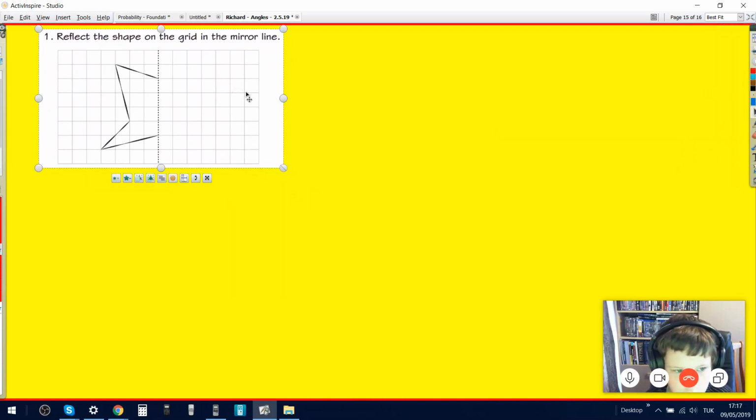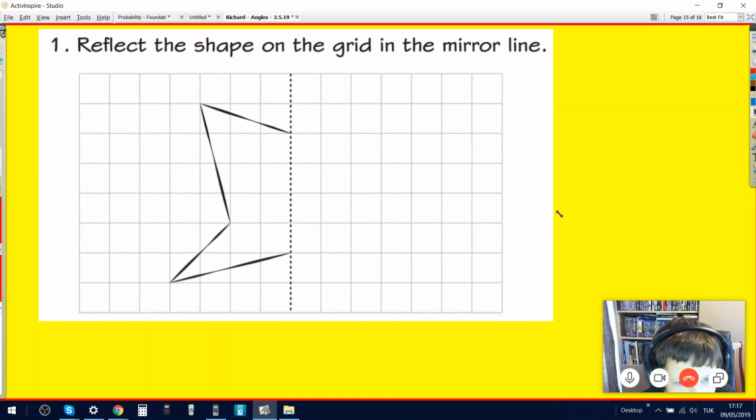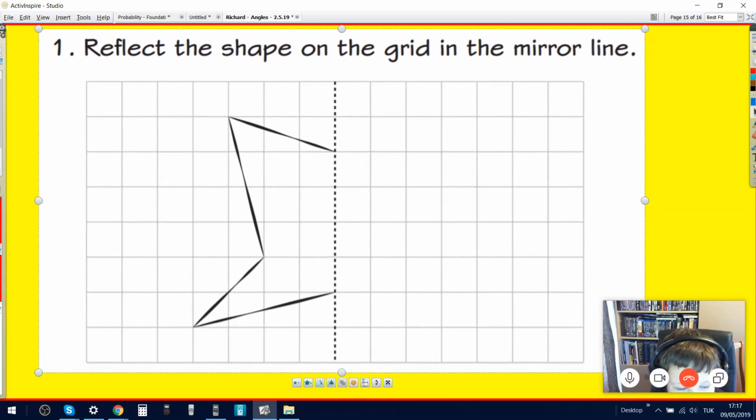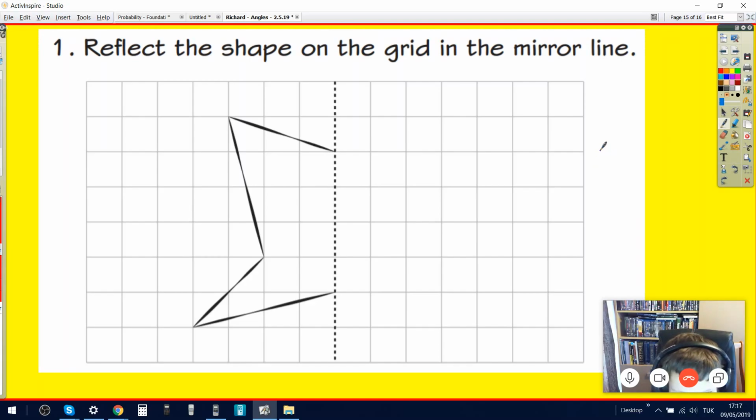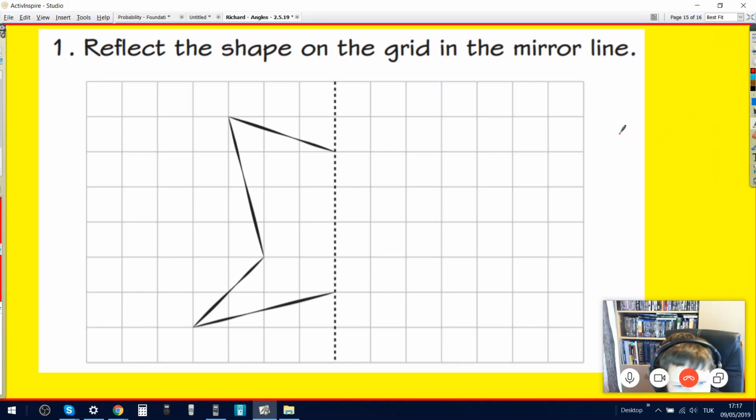Okay, how do we reflect this shape? Well, to reflect it, we would need to draw an accurate shape of it. For starters, we will need to draw a line from the top where the edge meets. So let's say I'll pick this point. You would need to pick a point that meets up to the mirror line.